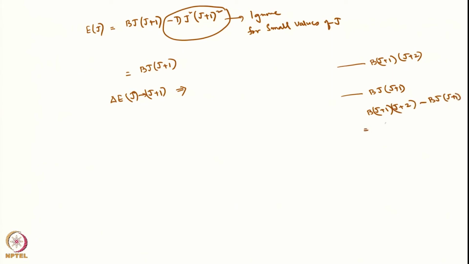When I calculate, if I take B(J+1) common, then this will be nothing but (J+2) minus J. So, that will be equal to 2B(J+1). So, delta E will be equal to 2B(J+1).